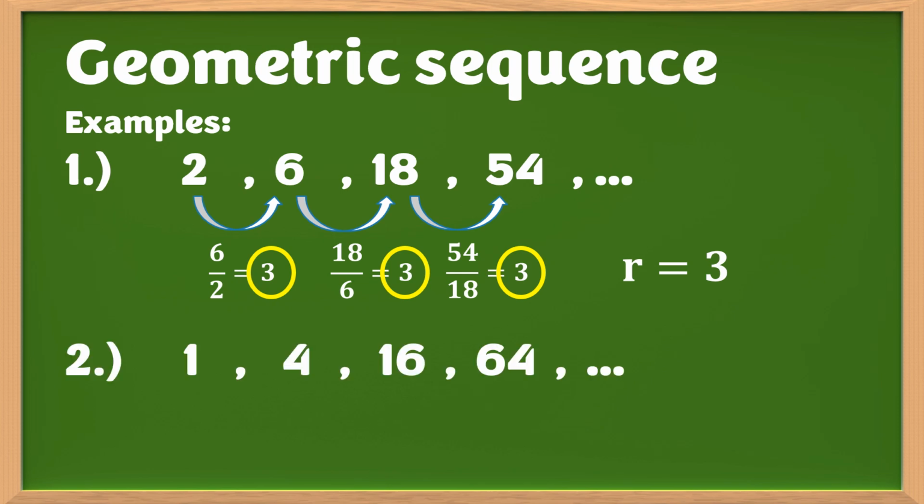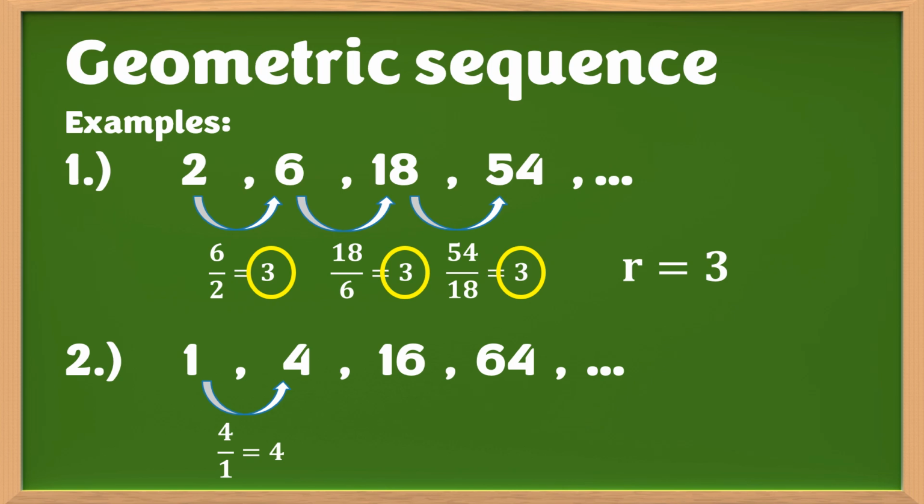Another example, we have 1, 4, 16, 64. First, let us consider the first and the second term, wherein 4 is the second term and 1 is the first term. So we're going to get the ratio: 4 divided by 1 is equal to 4.